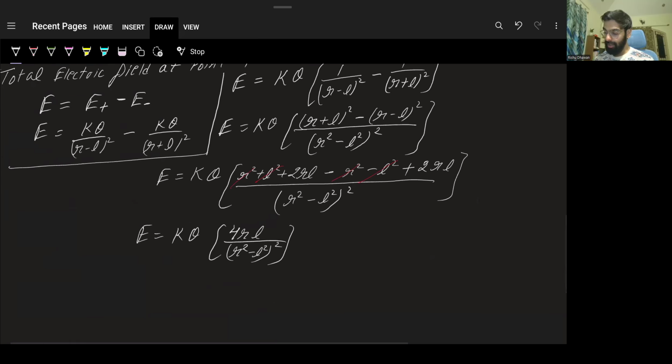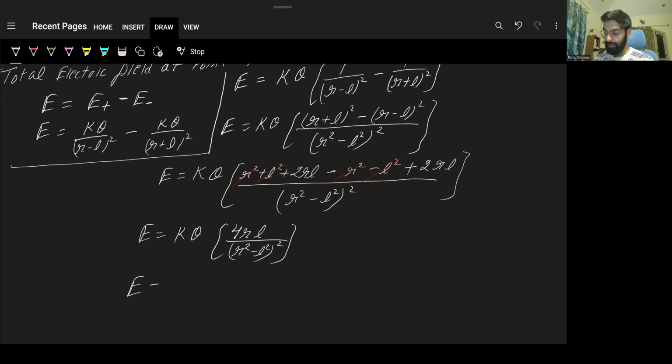And we know that we can write it, if I break 4 into 2L and make it 2R, we can write it into P. But who is P here? Can someone tell who is P here? Yes, exactly whatever you're thinking. Q into 2L is your P. That is your dipole moment, which we have just studied.